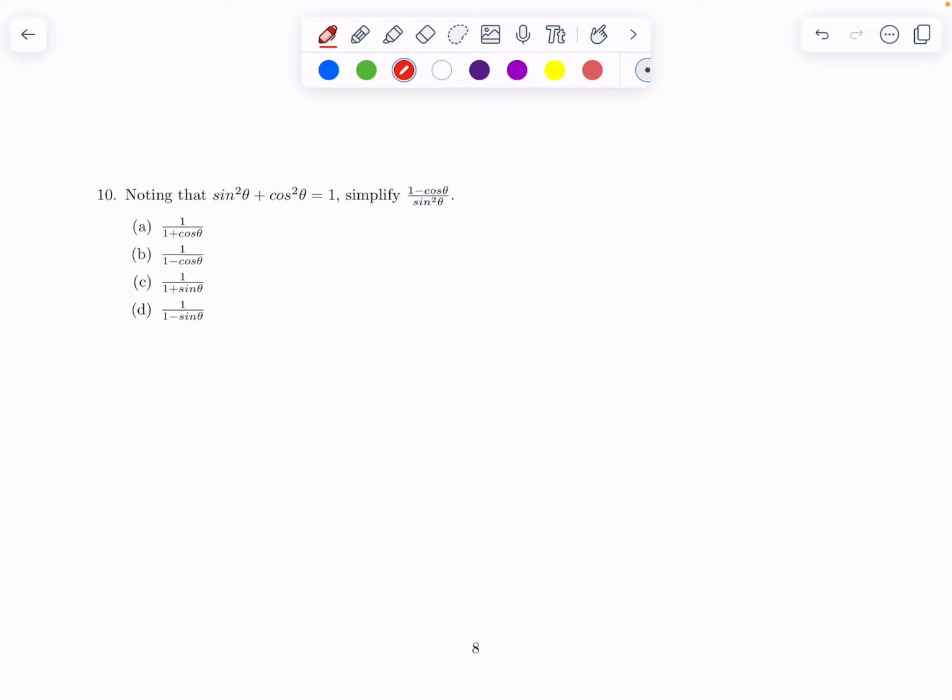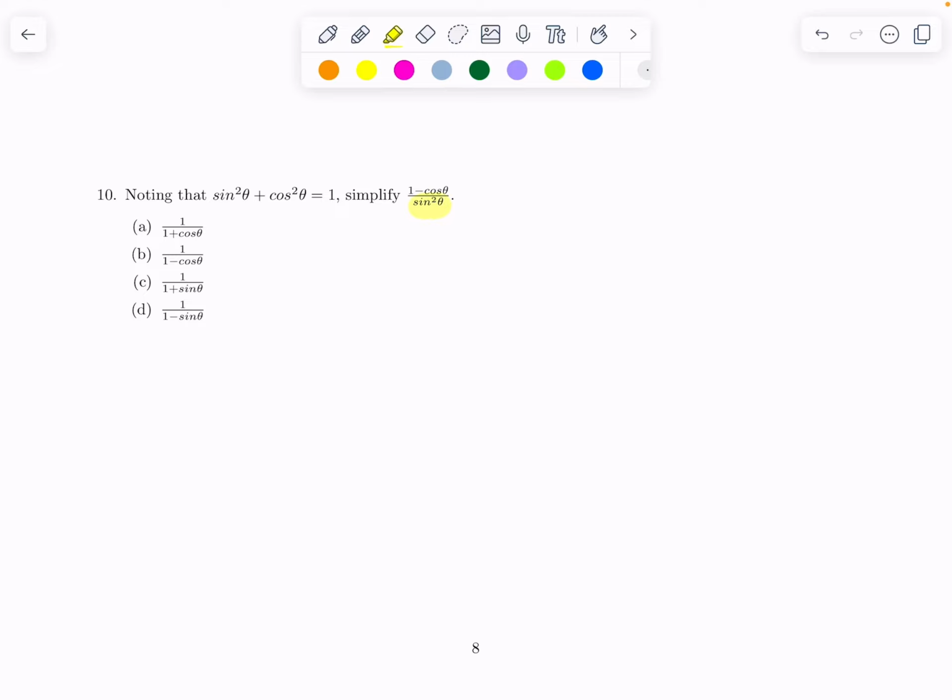Number 10, let's simplify this. We are given that sine square theta plus cos square theta is equal to 1, right? Now look at the denominator here. The denominator here is sine square theta.